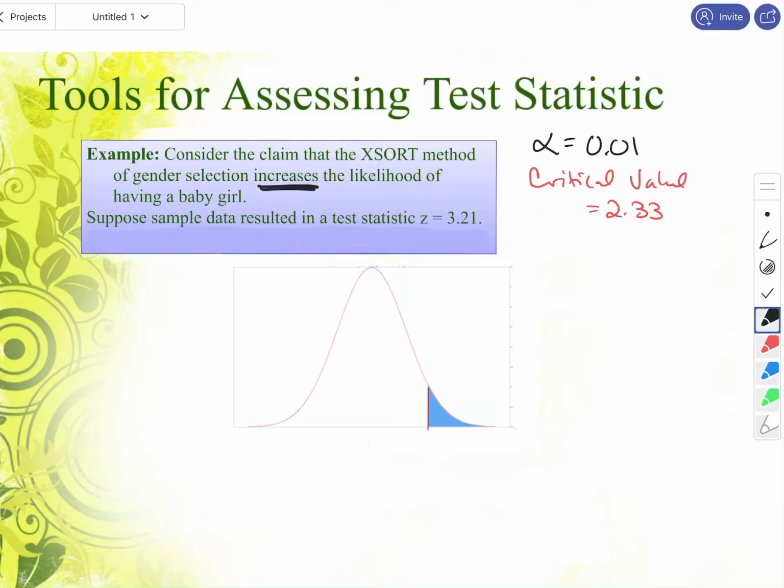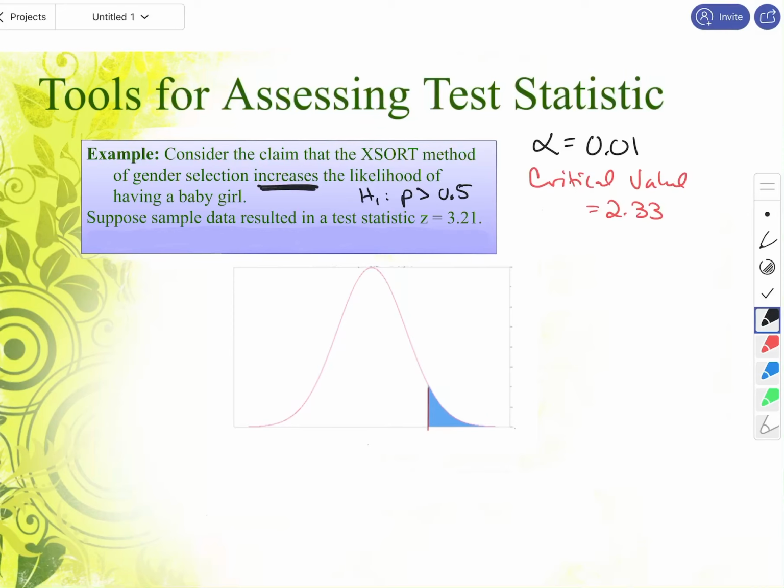Consider the claim of the XSort method of gender selection, increasing the likelihood of having a baby girl. If it increases the likelihood, that's where we get our alternative hypothesis: the proportion is bigger than 0.5, because according to this claim there is a bigger than 50% chance that we would have a girl. Suppose a sample data resulted in a test statistic of 3.21.